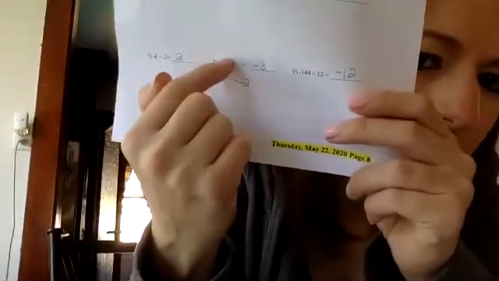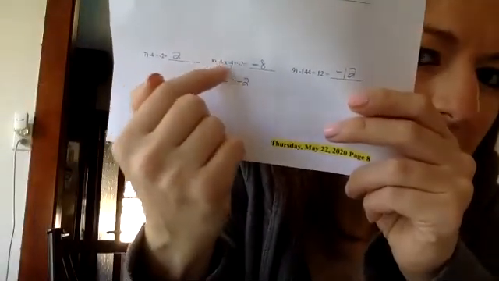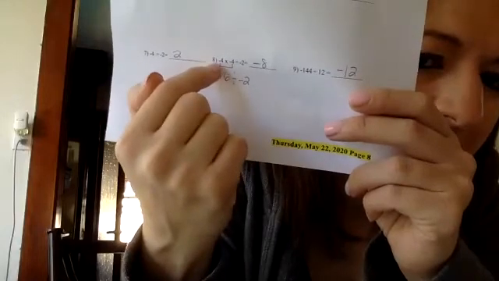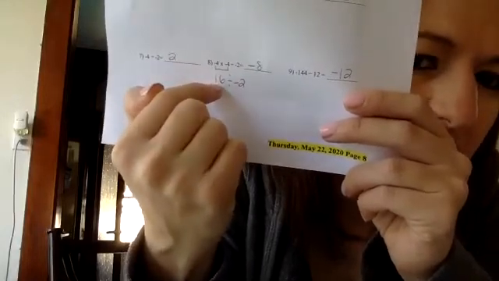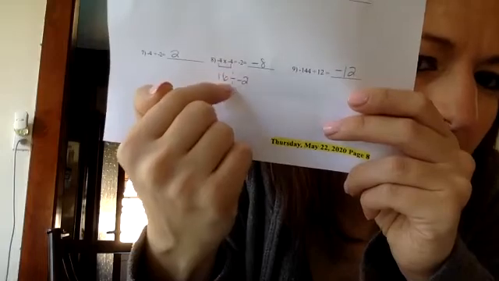Okay, last 3. -4 divided by -2 is 2. Now on number 8, we got -4 times -4. First, I'm going to do the multiplication because of PEMDAS. A negative times a negative is a positive, so it's 16 divided by -2 gives me -8.